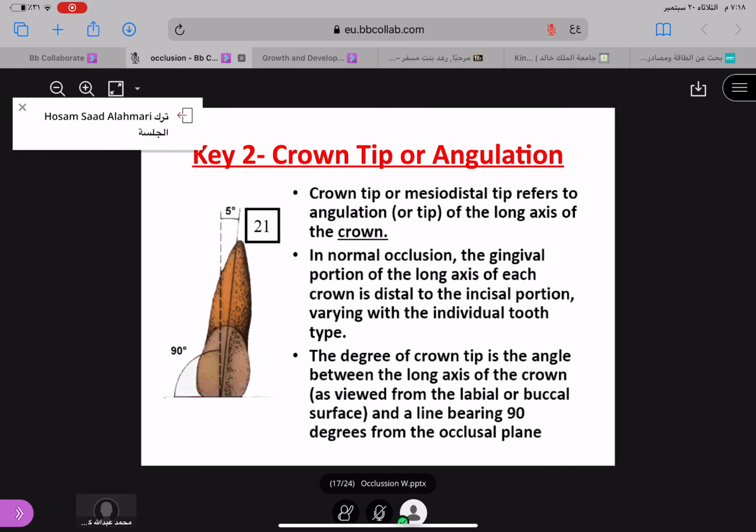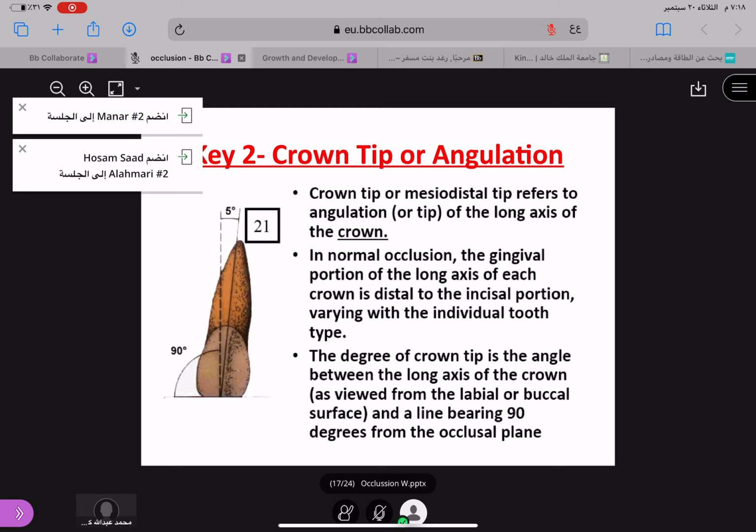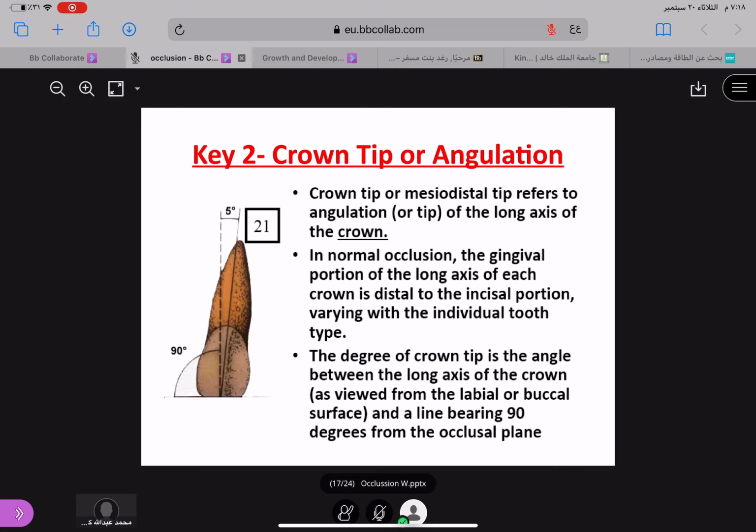Now, the second key is crown tip or angulation. Does anybody know what is tipping and what is torque? What is tipping and what is torque? The crown tip is actually considered the mesiodistal tip.